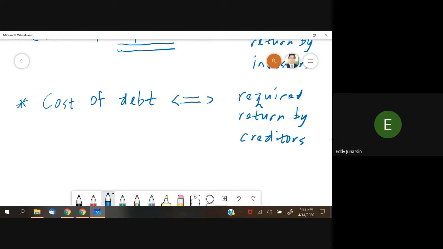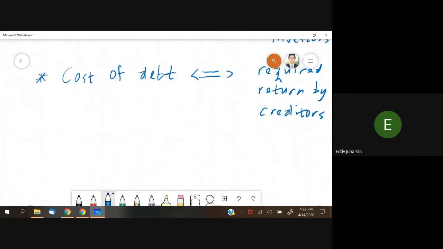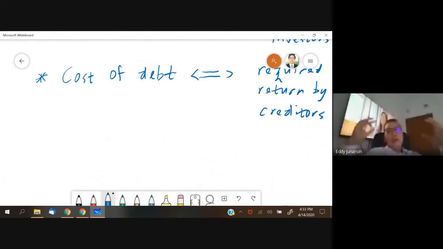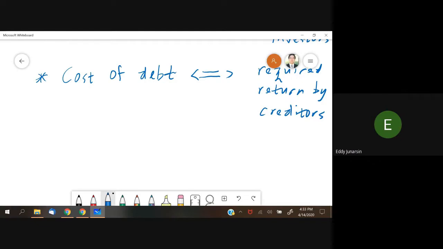Okay, so how to determine the cost of debt or the required return by creditors? Now imagine again, if we are estimating the cost of debt, essentially we are asking how much is the required return by creditors? So what are the approaches to estimating the cost of debt? There are many ways, right?